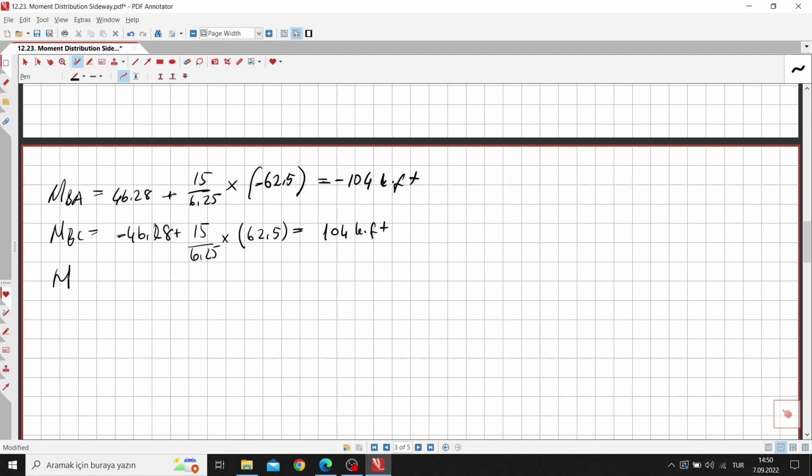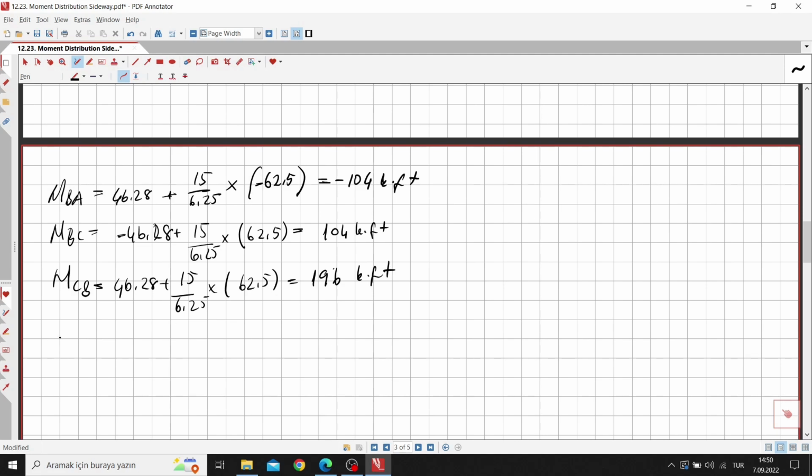For the moment also, CB, 46.28 plus 15 over 6.25 times 62.5 is equal to 196 kip-feet.